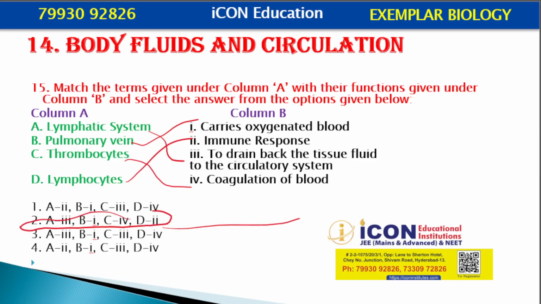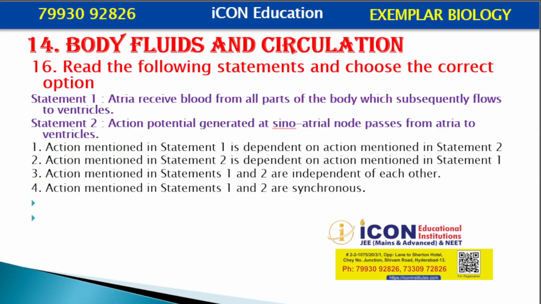Okay, moving on. Read the following statements and choose the correct option. Atria receive blood from all parts of the body which subsequently flows to ventricles. Action potential generated at sinoatrial node passes from atria to ventricles.